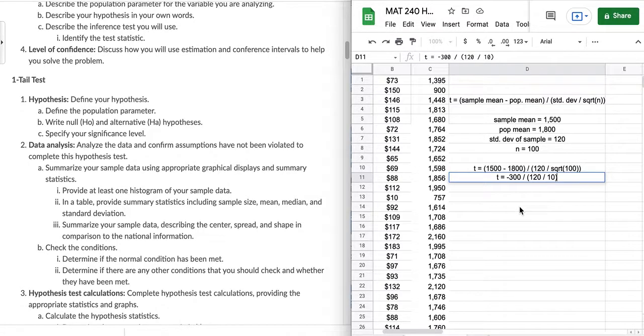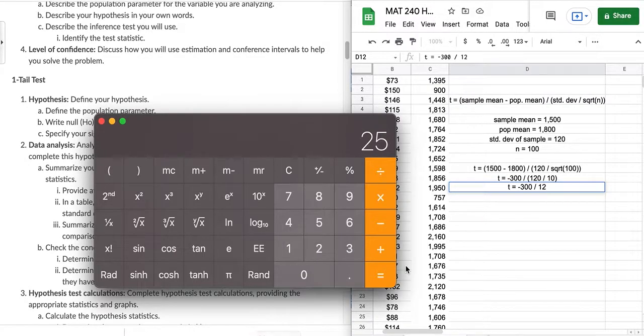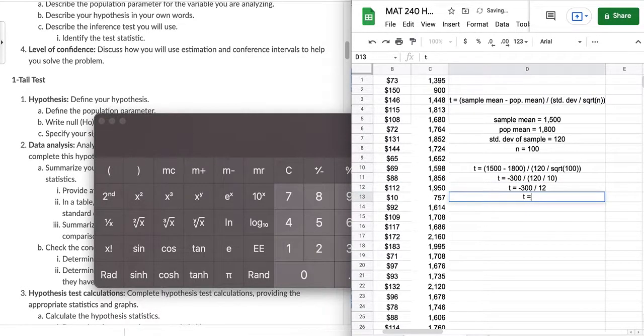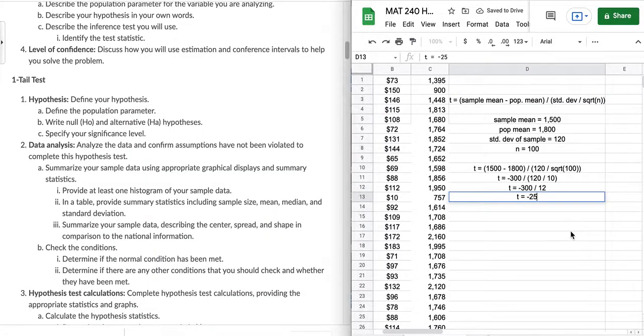So we're getting closer to that precious test statistic. 120 divided by 10 is 12. And then we get t equals negative 25. Huge test statistic. I just made up some numbers, that's why it's so big.